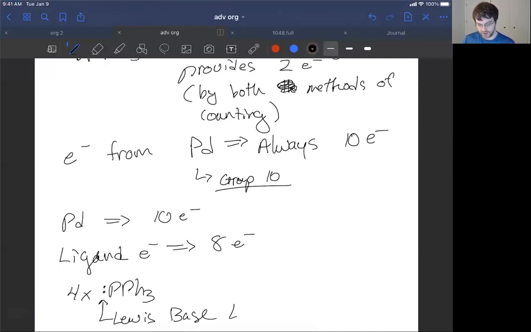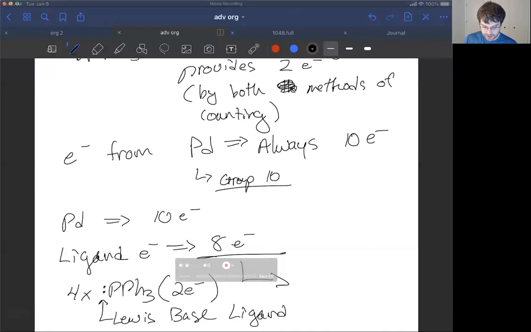So as a Lewis base ligand, providing its lone pair electrons to form a Lewis acid Lewis base interaction, it's going to provide 2 electrons. So there's 2 electrons per triphenylphosphine ligand. If we have 4 of them, then we have 8 electrons total. So 10 plus 8 is 18 electrons total.